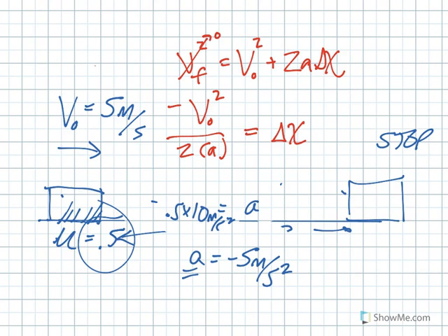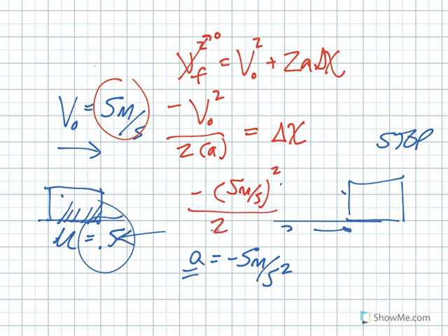This is going to be minus 5 meters per second squared, divided by 2 times minus 5.